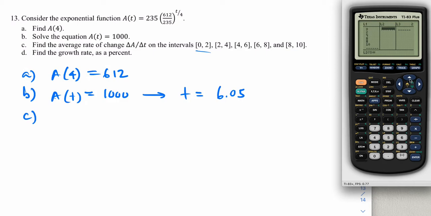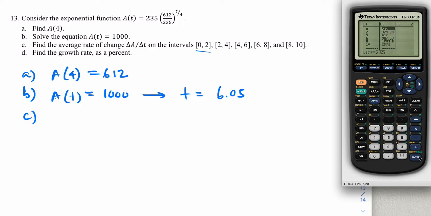I'm looking for the points on the curve with those inputs. So let's go up to L2 and calculate y1, that's where the model's stored, of L1. So it'll plug all of the inputs into the model and get those outputs.